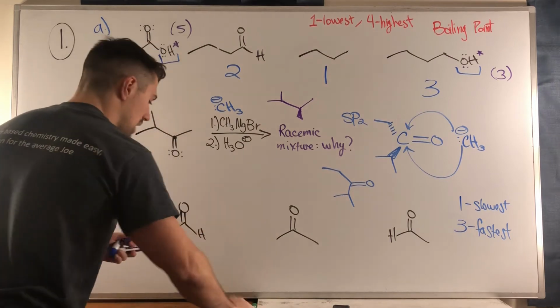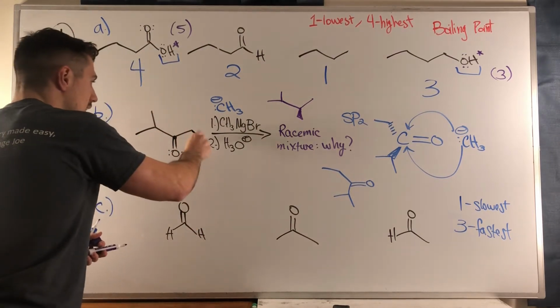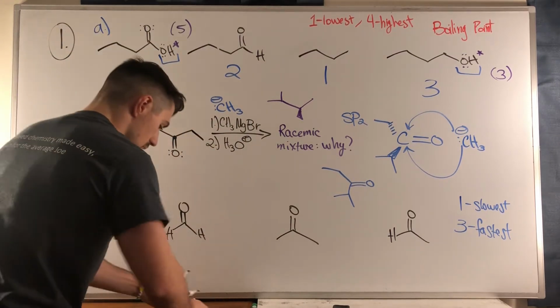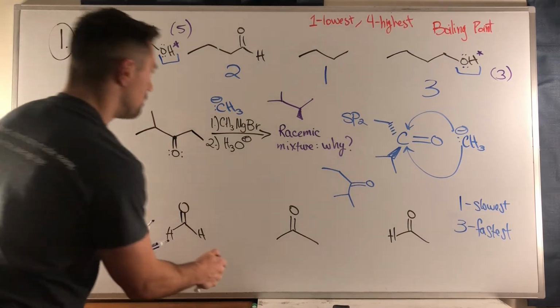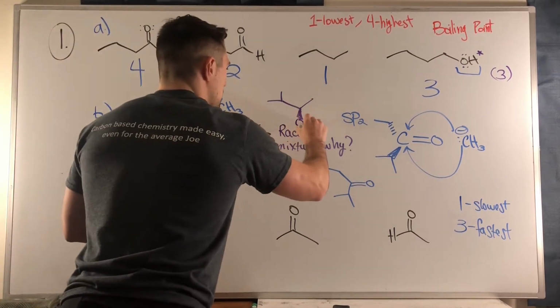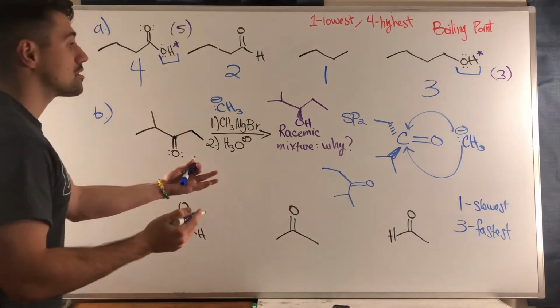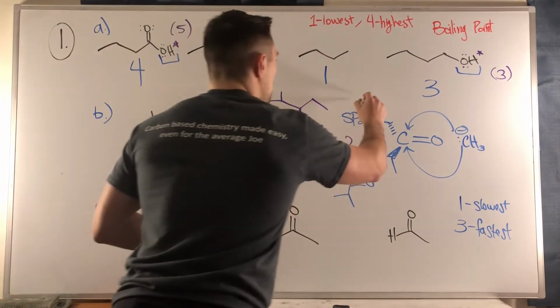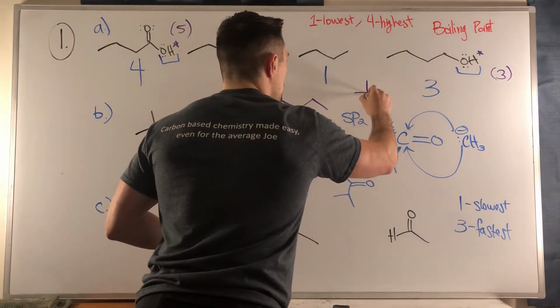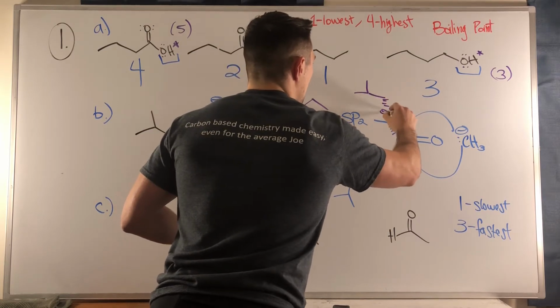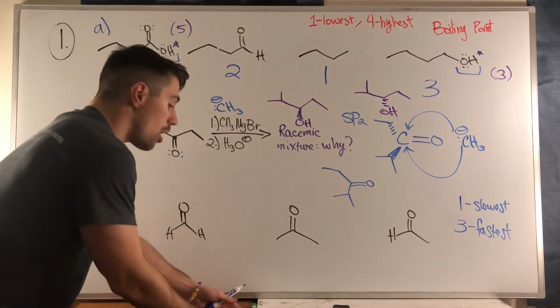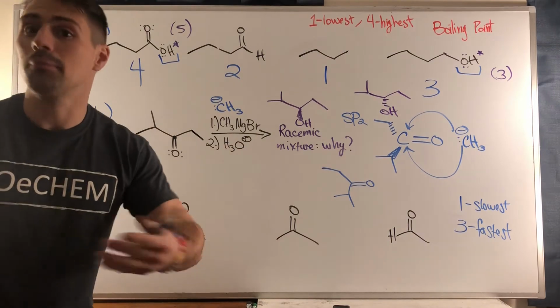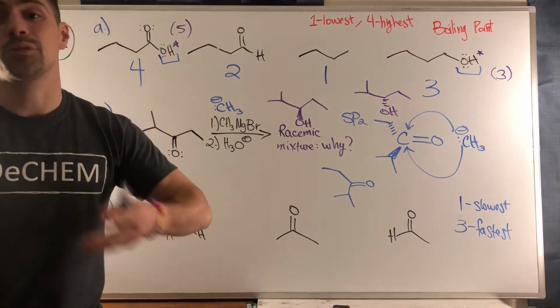And I'm now realizing I forgot this right there, so I apologize for that. That made a difference. I was having a small freak out. The OH being a wedge, and that's our only stereocenter, which is why we get a racemic mixture. We could also have this as well. Okay, just a long-winded way of saying we can approach from the top or the bottom because of trigonal planar geometry, because we have the carbonyl.